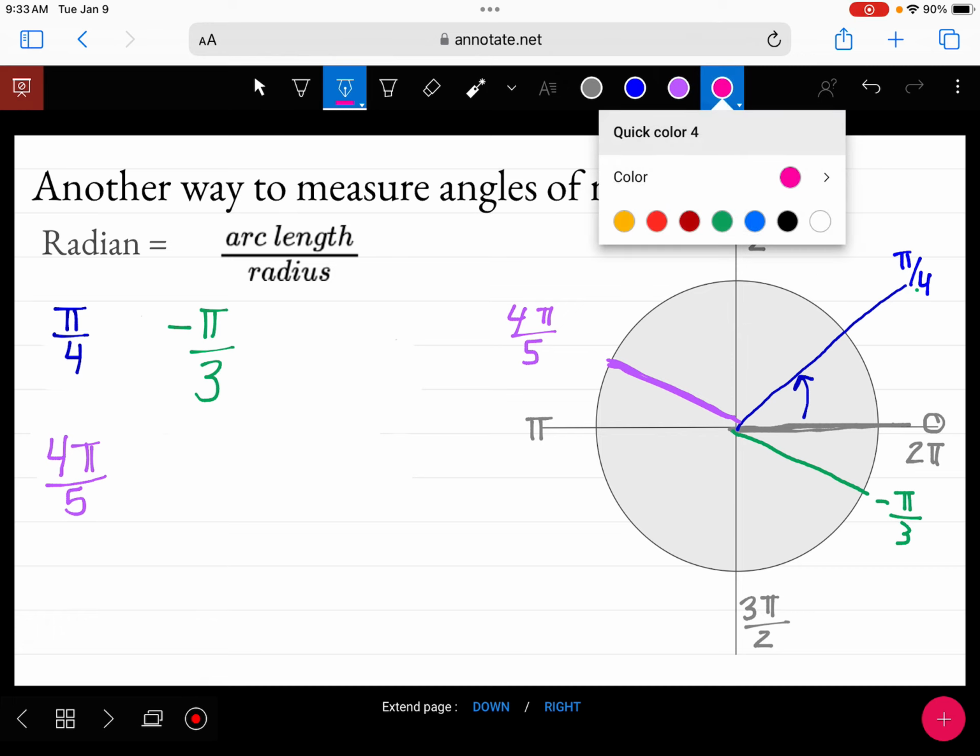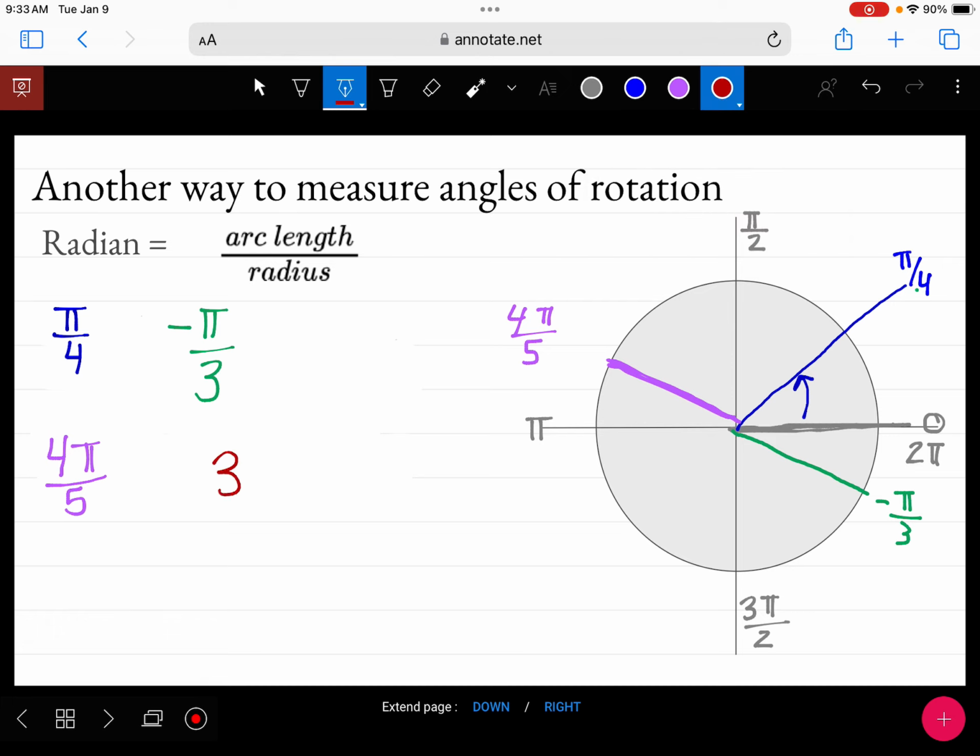And this last one, let me get a color that we can actually see. There we go. 3 pi. Where's 3 pi going to be?